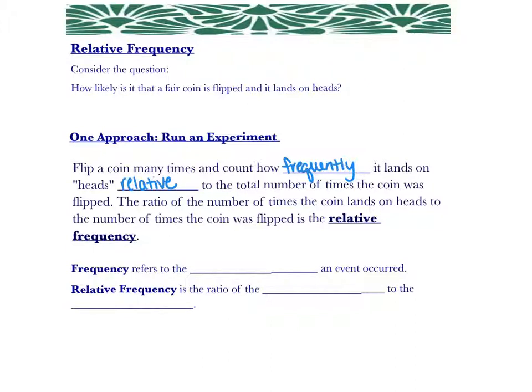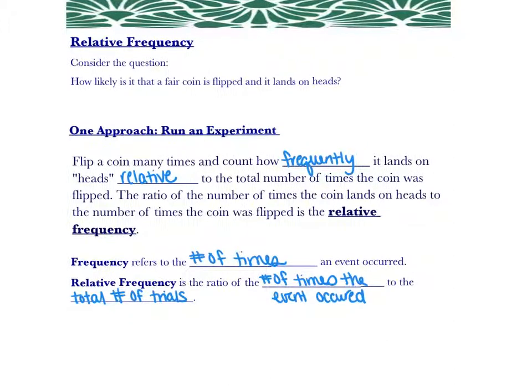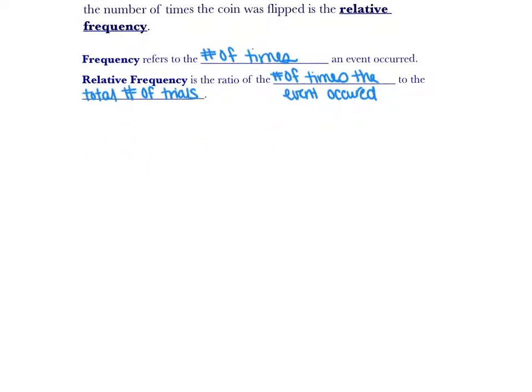Now, frequency refers to the number of times an event occurred. Relative frequency is the ratio of the number of times the event occurred to the total number of trials in the experiment or the simulation. So therefore, since I have these two things, I can define relative frequency.